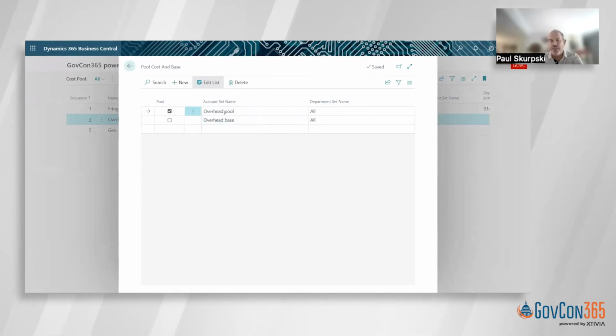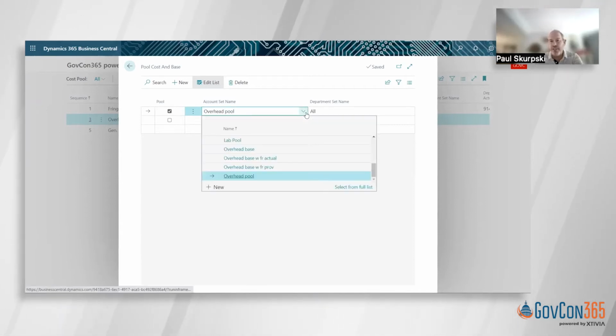These are the costs I'm accumulating as part of my overhead pool. In this example, all departments are included in that pool. If you had a scenario where you had both on-site as well as customer site overhead pools, you would have different department sets defining what departments are included in either the pool or base.